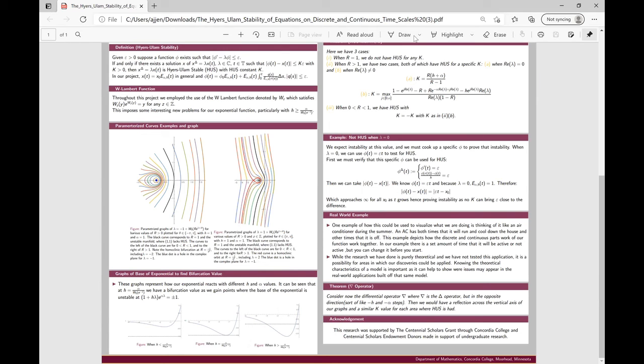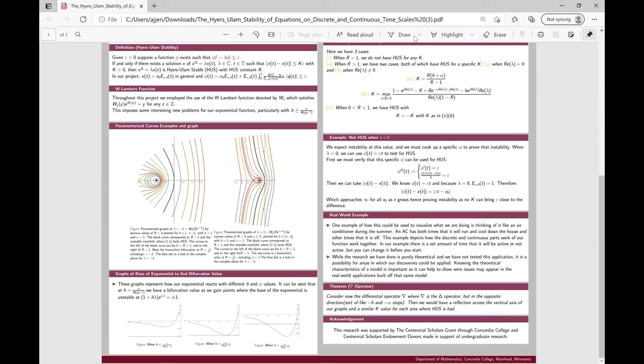And then for our research that we have done, this is purely theoretical. We haven't tested anything on actual applications for the real world yet, but we set the framework down so that people can use it if the time arises that it will be applicable.